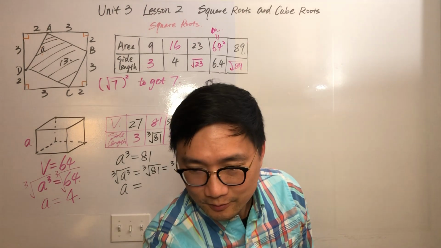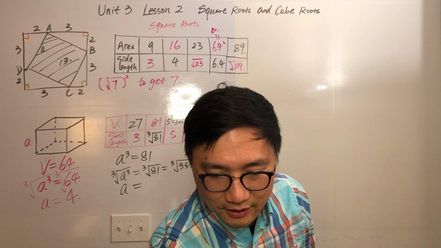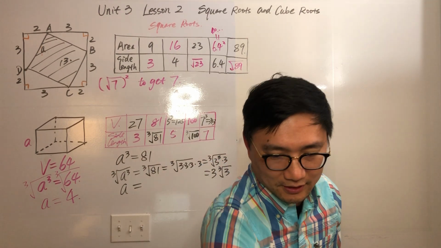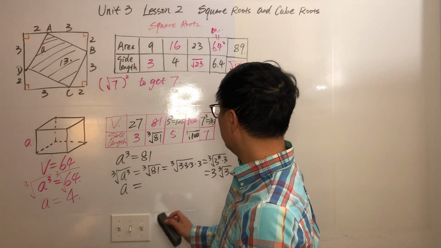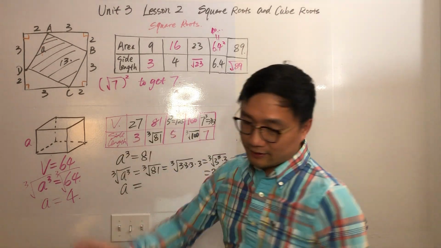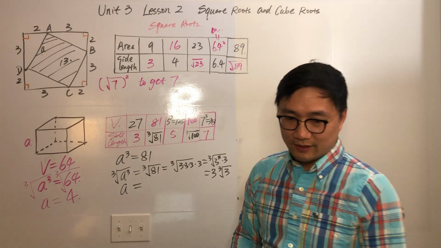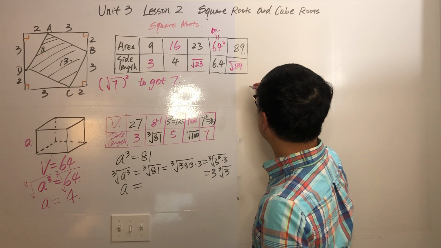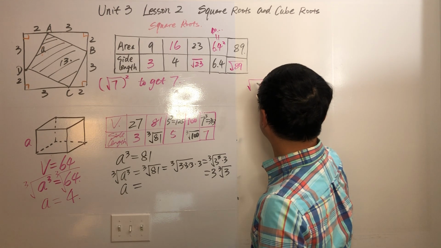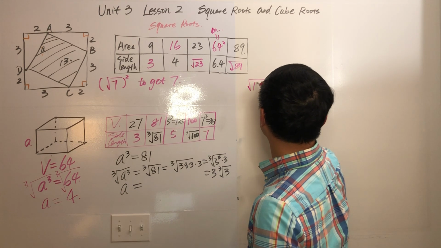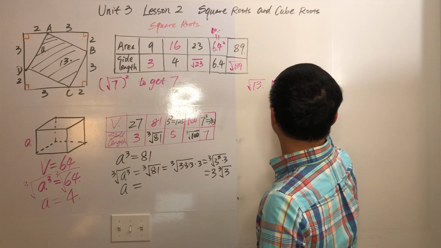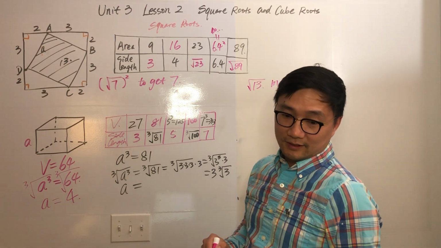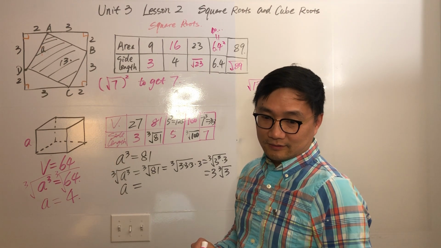Now at the end of this class, I'll give you an activity to cool down. I'll give you an example. What does square root 13 mean?